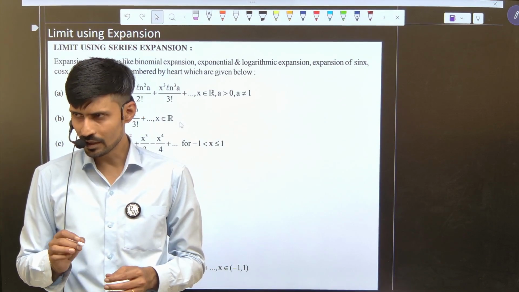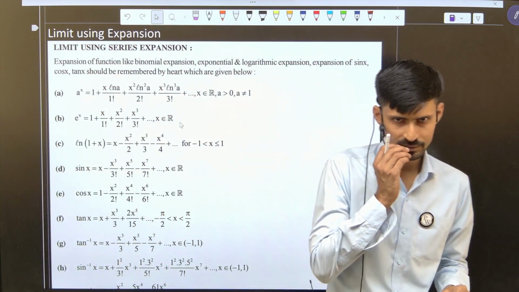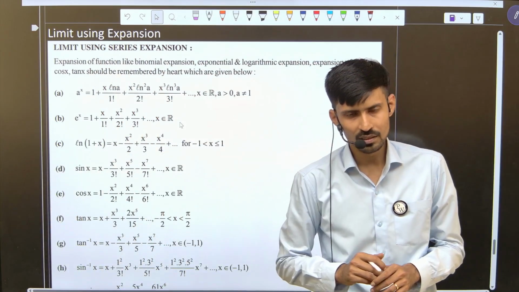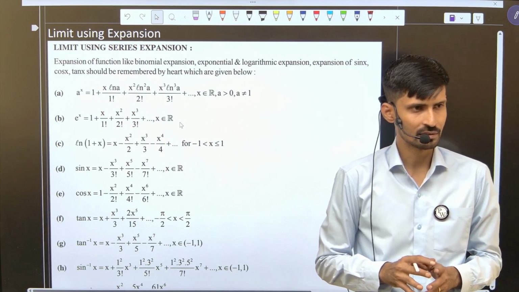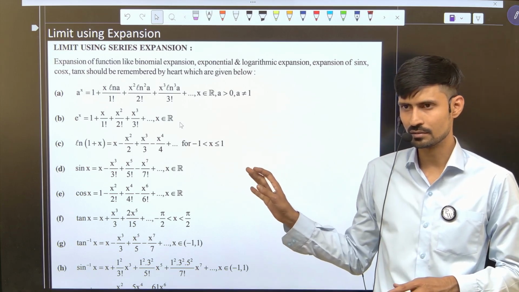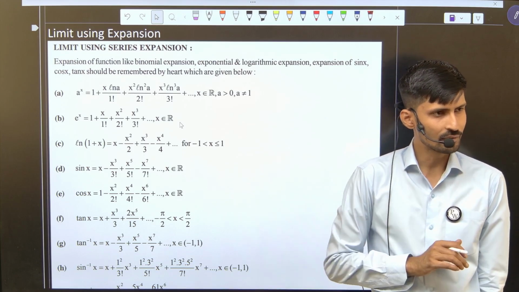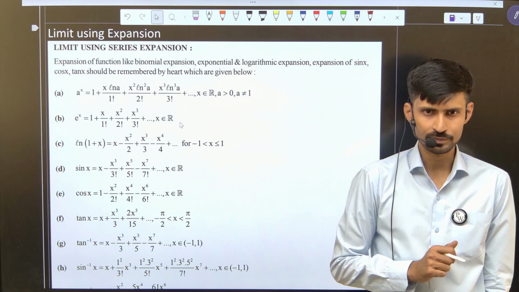It's very difficult to understand where we have to apply this method. If you understand where we have to apply this method, then we can solve the question very easily.